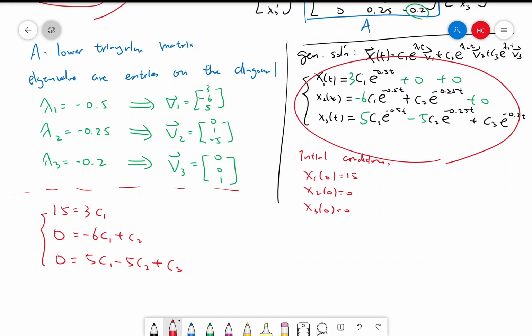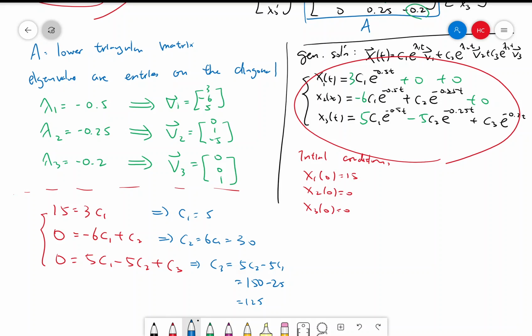It's really easy to solve. Don't really need to do any row operations. The first row tells you that c1 is 5, and the second row tells you c2 is 6 c1, which is 30. And the third row tells you that c3 is 5c2 minus 5c1, which is 150 minus 25, which is 125.